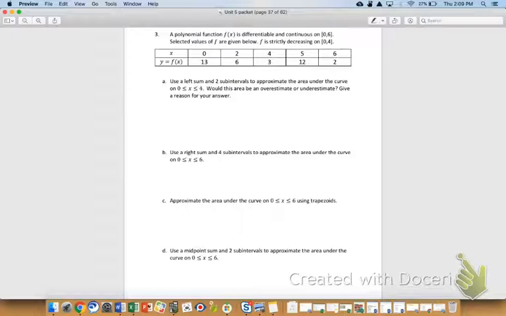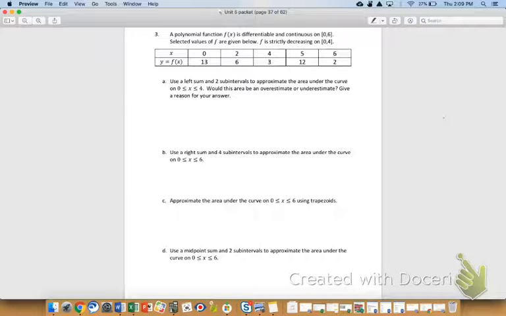Like if you're guessing, okay, I see that there's a 0 to 2 interval, but I feel compelled to figure out what if x was 1, would y be 10 or 9 or something like that? If you feel yourself doing that, stop. You will never ever need to do that. Only use the data explicitly from the table. Never take a guess as to what's going on in between. Okay?